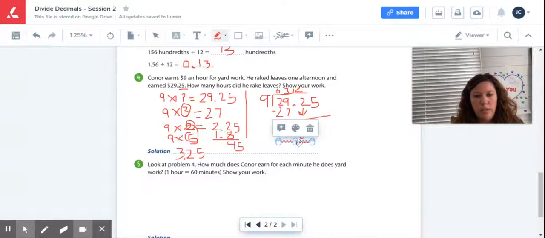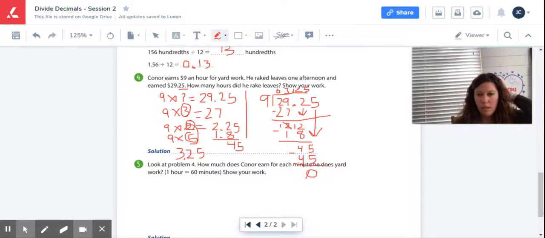So that's 4. Okay. And then we bring down the 5. And then 9 goes into 45 5 times. And 9 times 5 is 45. And we subtract. And you get 0 left over. Okay. So we were right, 3.25.